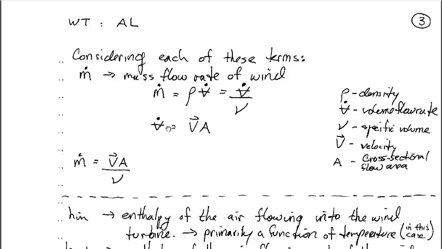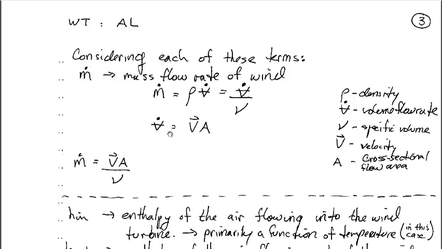And volume flow rate would have units of length cubed per second. So just by virtue of relying heavily on units, you recognize that velocity times area gives you units that are consistent with volumetric flow rate.